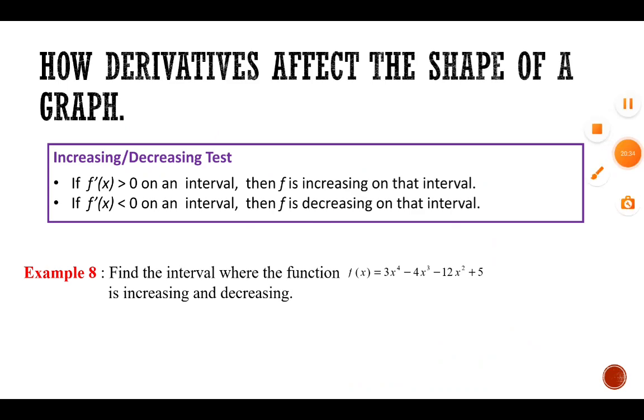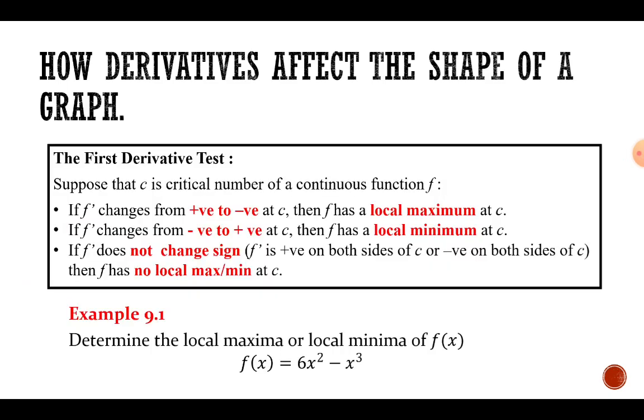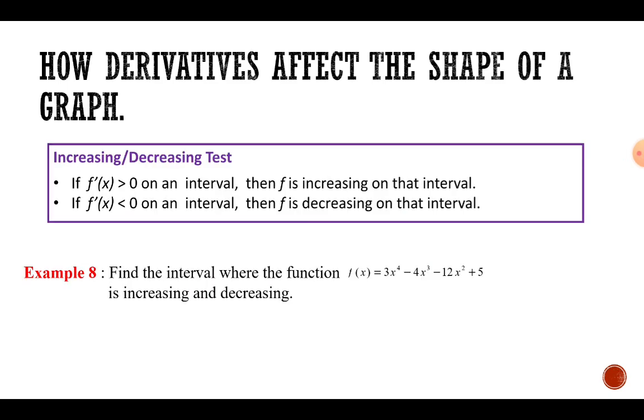So next, how derivative affects the shape of a graph. Okay, how derivative affects the shape of a graph. So yang ni you kena faham, kita punya this one what we call as increasing and decreasing test.